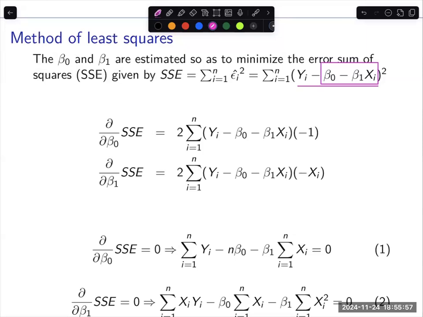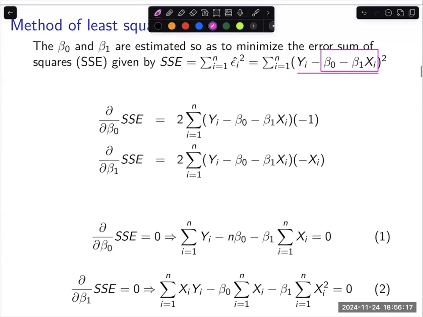In order to obtain the least squares estimators for beta 0 and beta 1, we take the partial derivative of the SSE with respect to beta 0 and the partial derivative with respect to beta 1, so that we are going to have the following two equations.